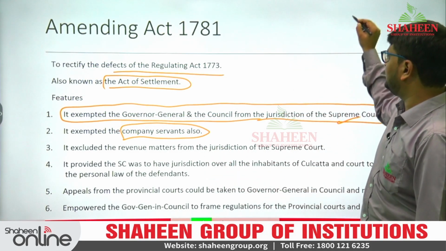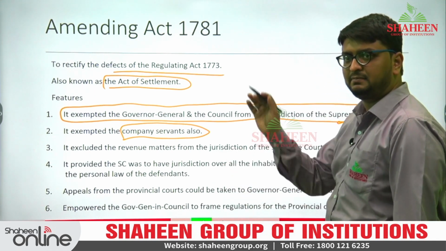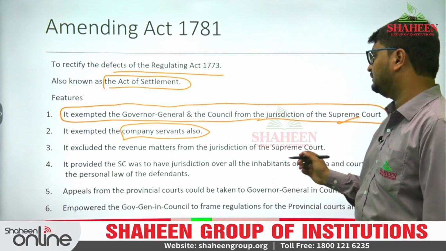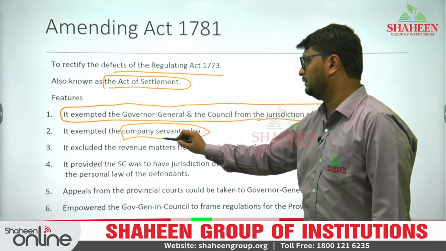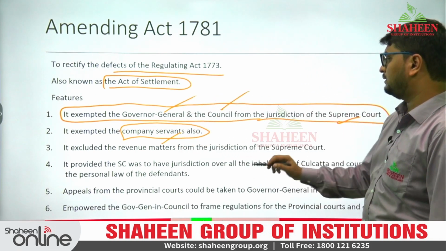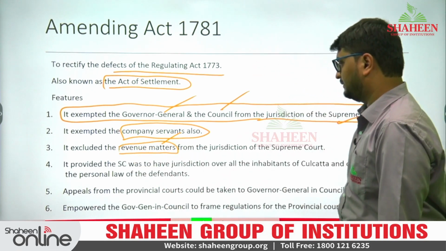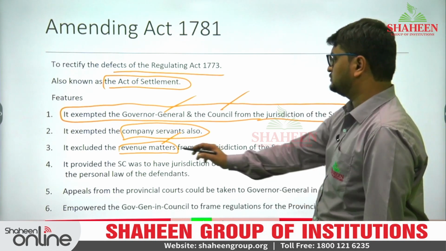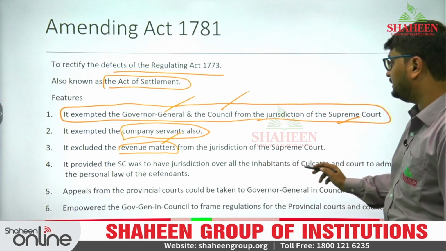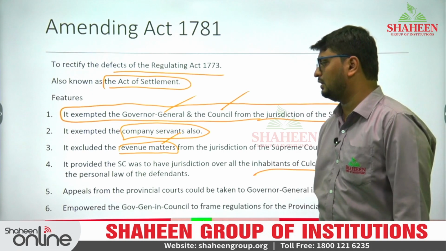Here we can see there is a clear separation of power. The Supreme Court cannot do anything with regard to the company servants, the Governor General and Council, or the revenue matters of the East India Company. It provided that the Supreme Court was to have jurisdiction over all the inhabitants of Calcutta, and the court was to administer the personal law of the defendants.